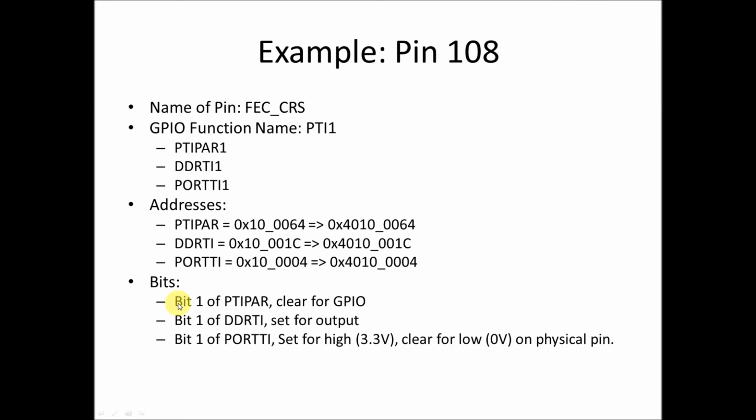So we're looking at bit 1 of all of these registers, and we need to clear bit 1 of PTI par to set it as GPIO mode. We need to set bit 1 of DDR-TI to make it an output, and then we need to set bit 1 of port TI to make it high, or clear it to set it low on the physical pin.